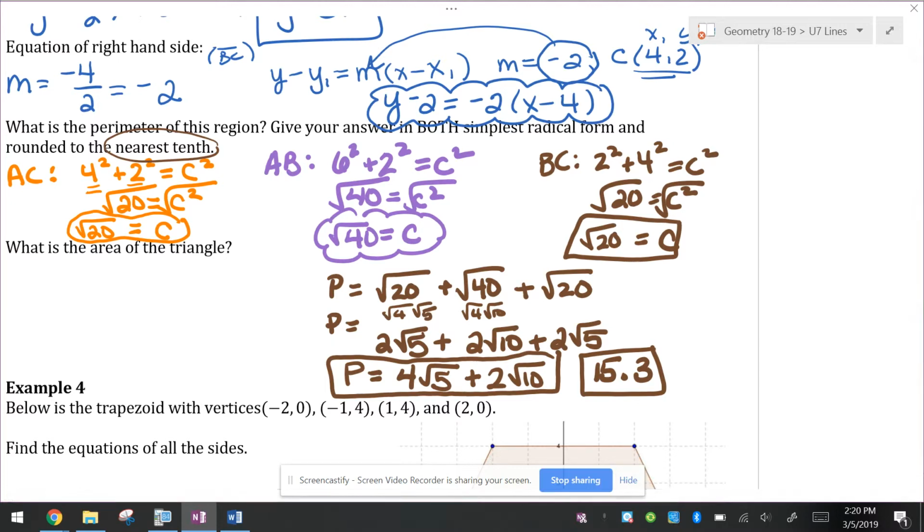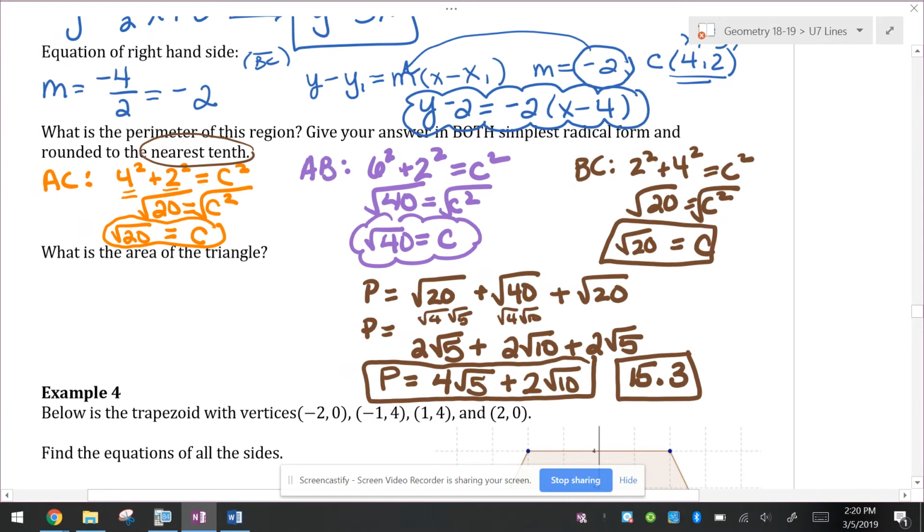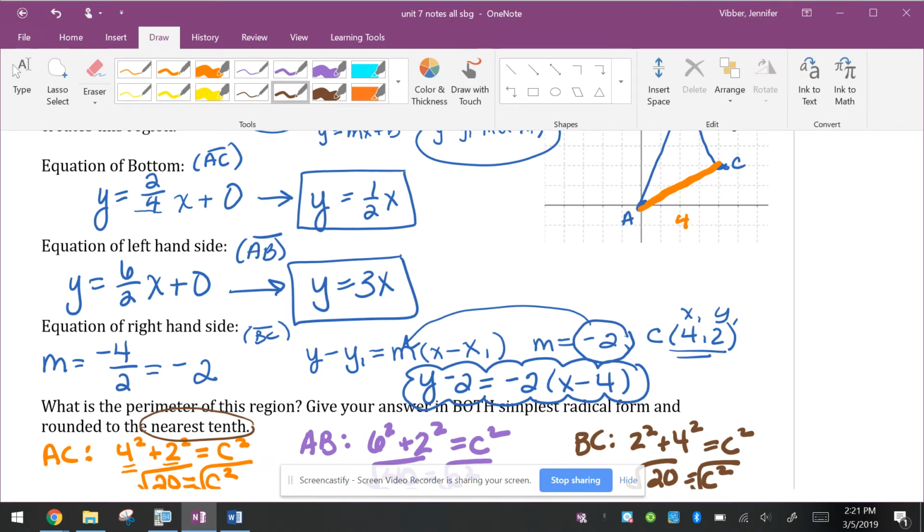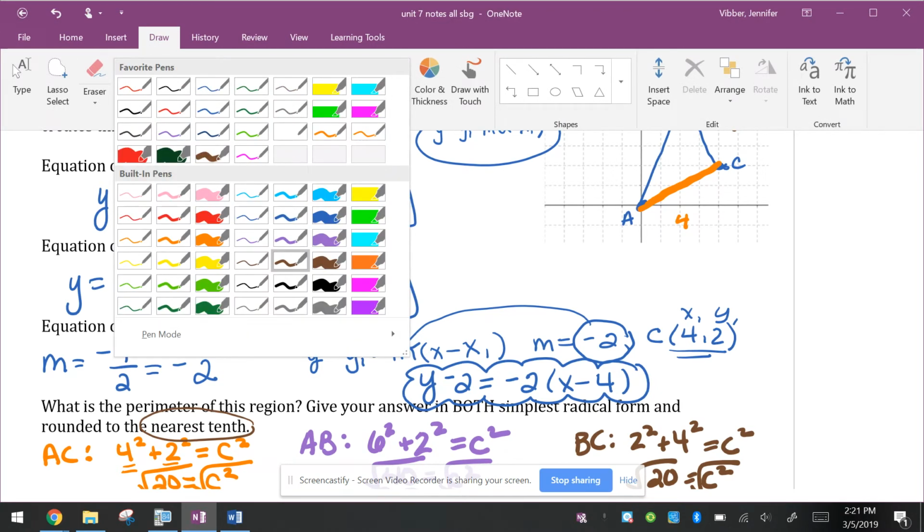All right. The last thing I'm going to do is find the area. So the last one, we did base times height divided by 2. This time, I can't do that so much because I don't have a horizontal or a vertical base. This is slanty. So what we're going to do here is get a little bit creative.